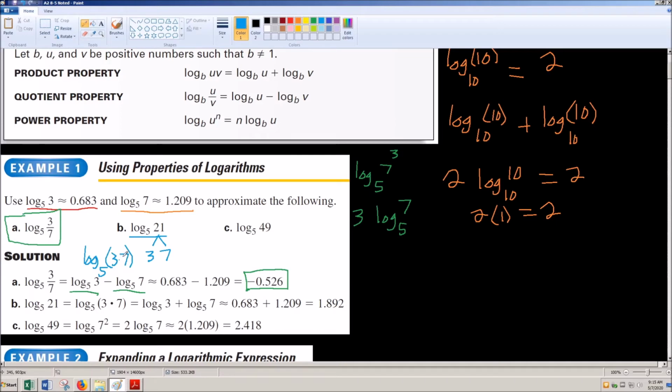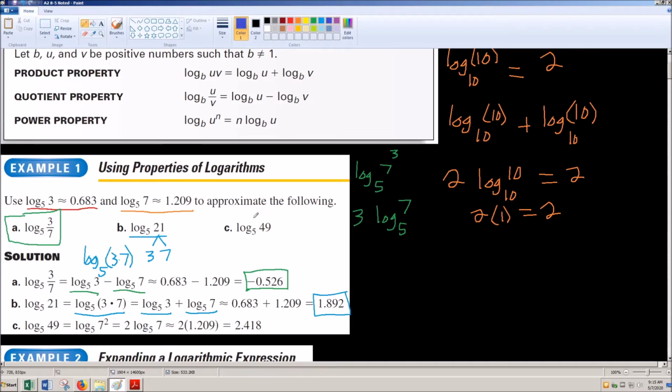When I write it like that, I see I have my product property here. So here I have a product of these two things, so therefore it's going to be a sum. Here I have my log split out, and here I have log base 5 of 3 plus log base 5 of 7. And now here we add those two up, and we get our final answer.